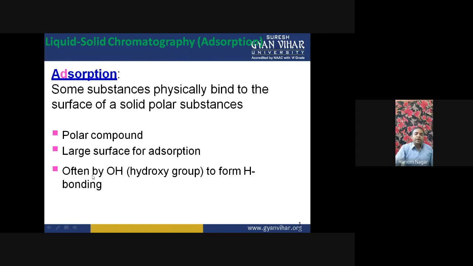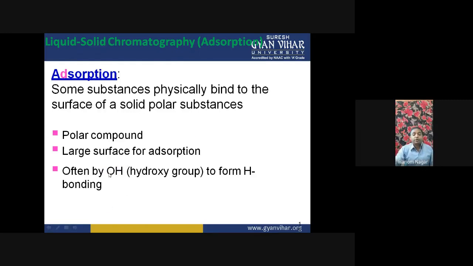Often an OH hydroxy group forms hydrogen bonding. If we talk about polarity, then sometimes hydrogen bonds form between the components of the mixture and the stationary phase, and also the mobile phase. Either with the stationary phase or the mobile phase, the OH forms hydrogen bonding more strongly.